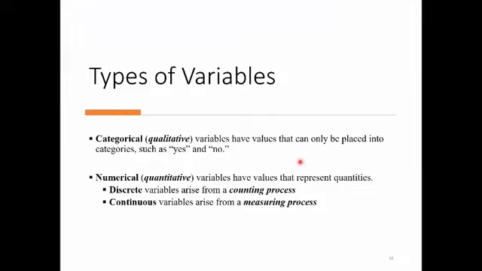It could be discrete or it could be continuous. Discrete arises from a counting process, for example 1, 2, 3. Continuous is a measuring process. The best example for continuous variables would be time. It's a continuous variable.